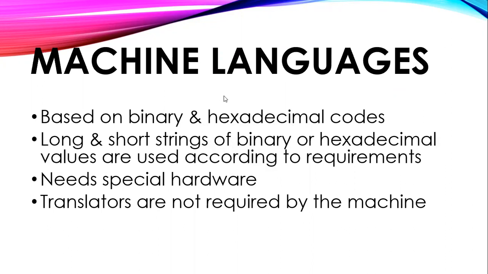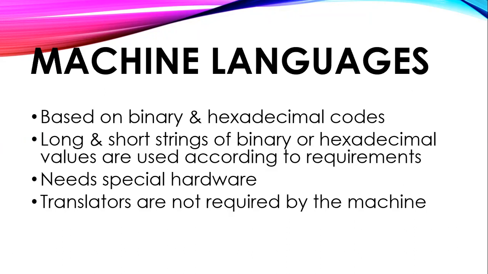Long and short strings of binary or hexadecimal values are used according to requirements. A huge group or a very tiny group of binary or hexadecimal numbers was used to enter instructions into the computer system.